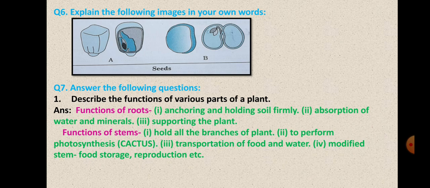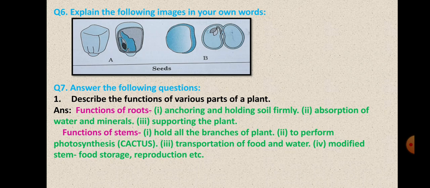First one is anchoring and holding soil firmly, absorption of water and minerals, and third one is supporting the plant. Now this functions of roots is directly given in the workbook on page number 14, point number 2.8, functions of roots. So that you will copy directly from the workbook.